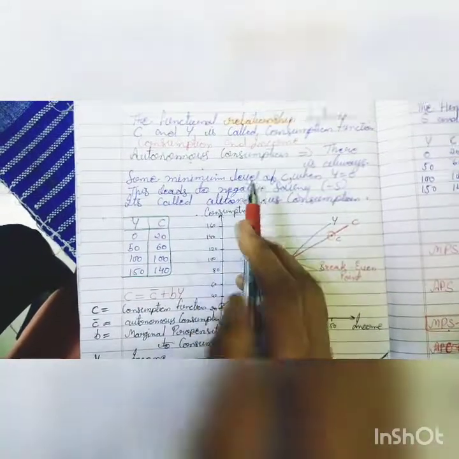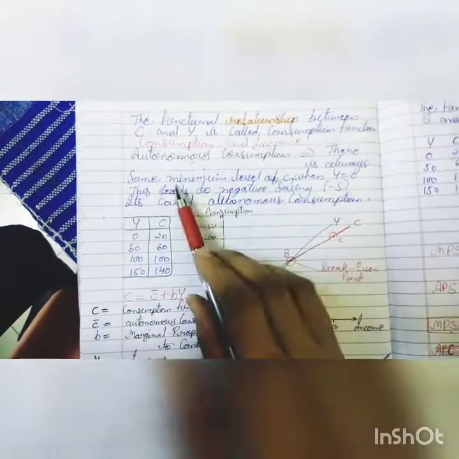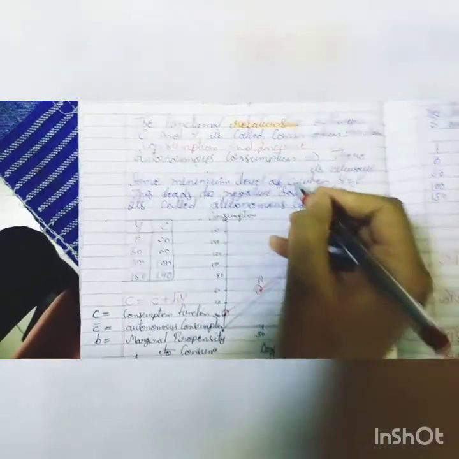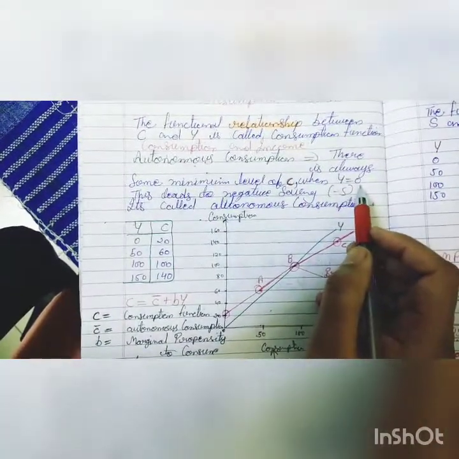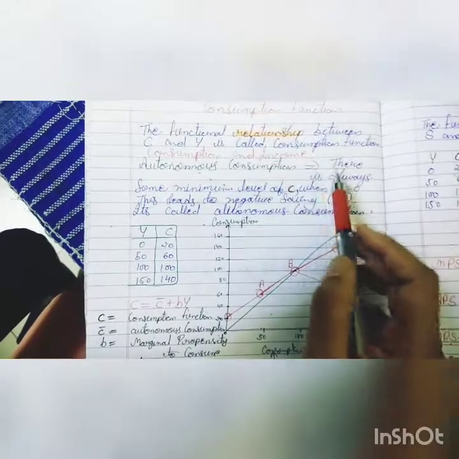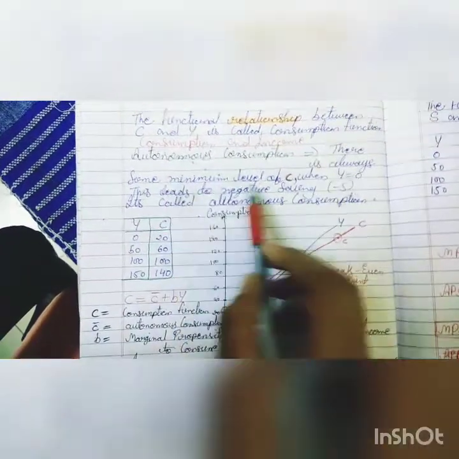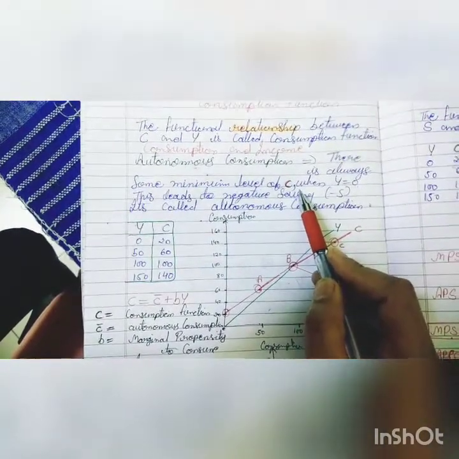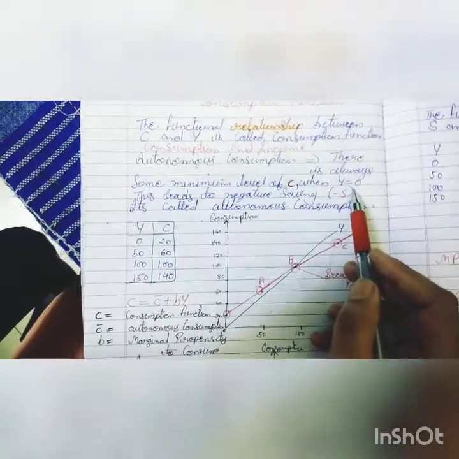Now, autonomous consumption. What is autonomous consumption? There is a situation in which some minimum level of consumption is there, but income is zero. There is always some minimum level of consumption for our life, for our living standard, when our income is zero.